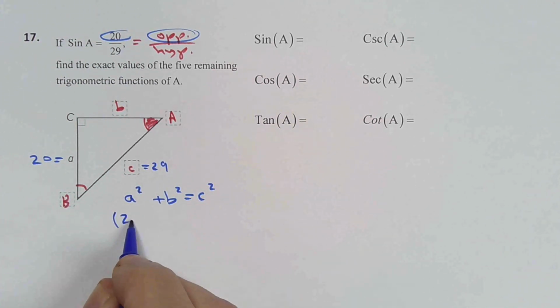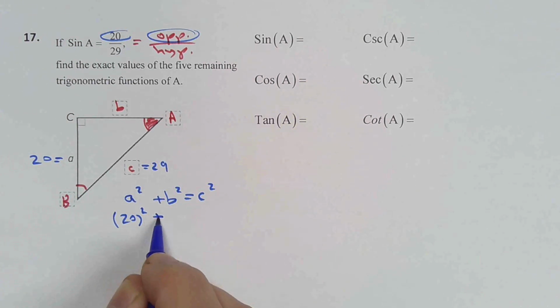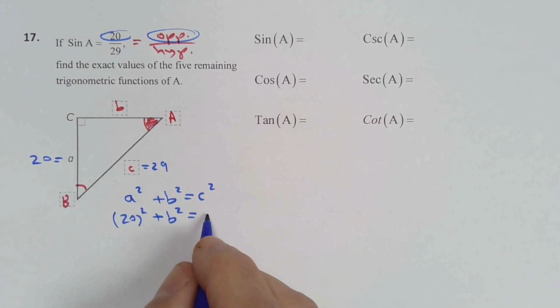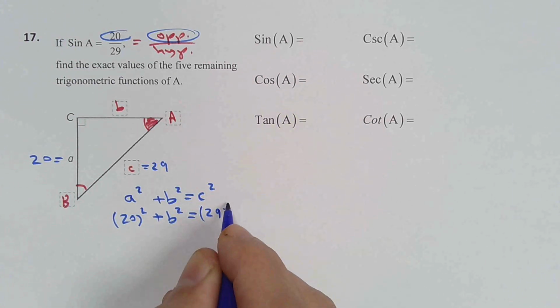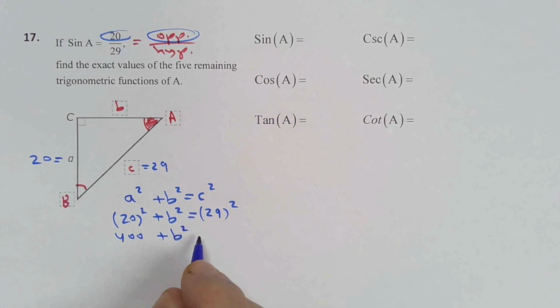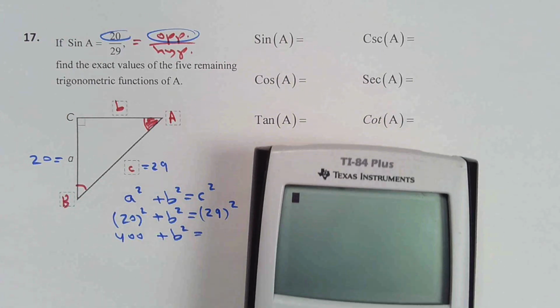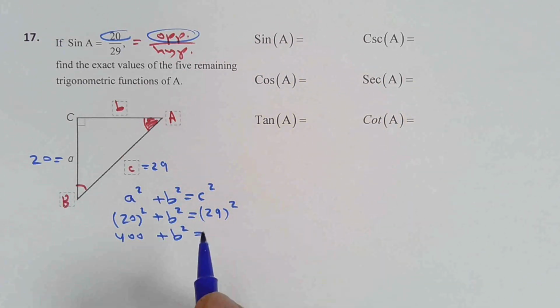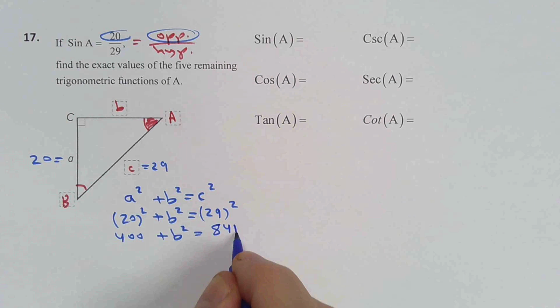So we have 20 squared plus b squared equals 29 squared. 20 times 20 is 400 plus b squared equals 29 squared, which is 841.